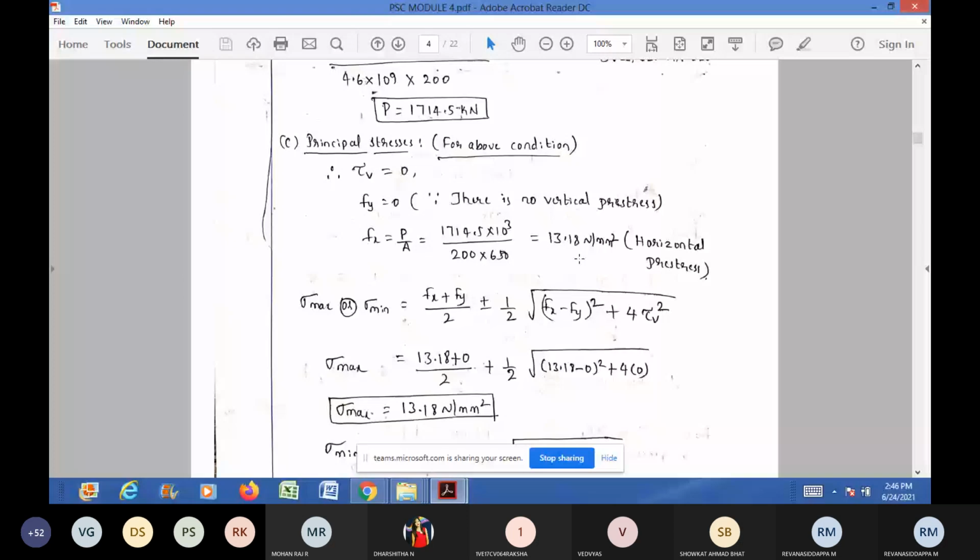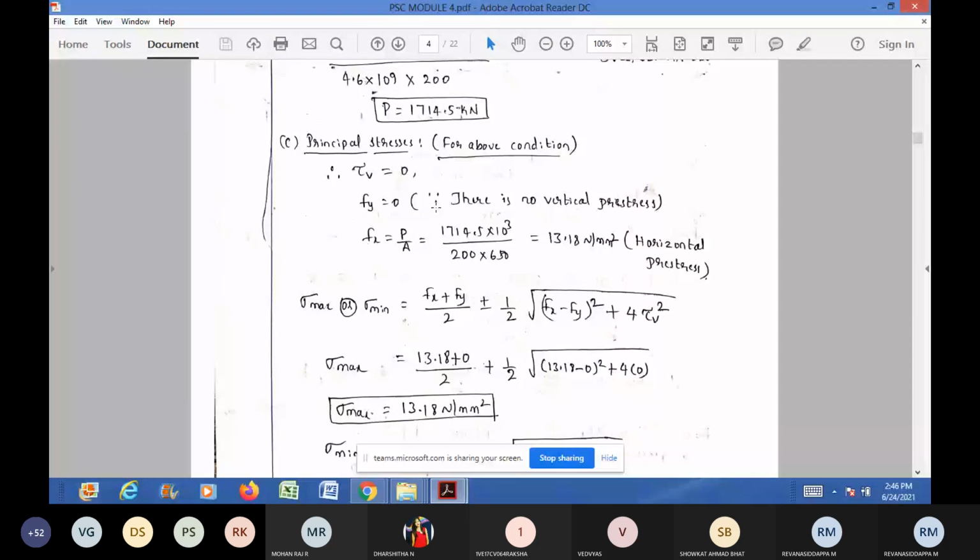Okay, fine. Now Fy will be equal to 0 only, because there is no vertical pre-stressing given. We are going to solve one particular problem where Fy will also come into the picture. In the rest of the problems, in almost all the problems, Fy will be equal to 0.